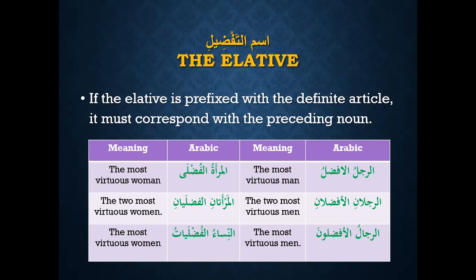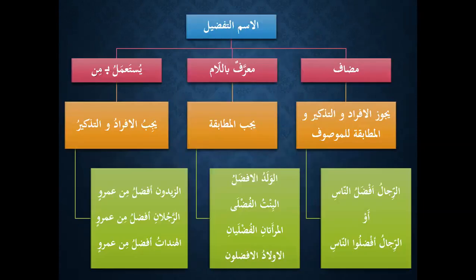So their number and their gender must correspond with the al form. So the three ways of showing elative case, the comparison or superlative degree or tafdeel, either with min, where you have to make it singular, or with al, where you have to make it correspond, or mudaf, mudaf ilayh way, and that is a choice. You can do either singular form or correspond to the number and gender.